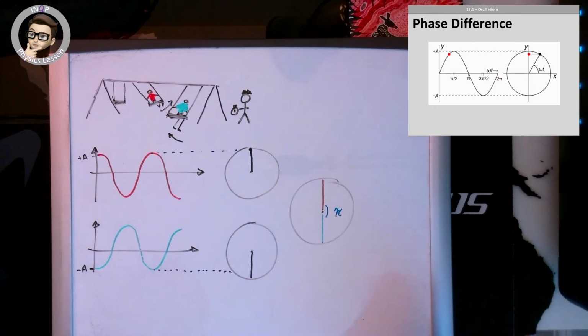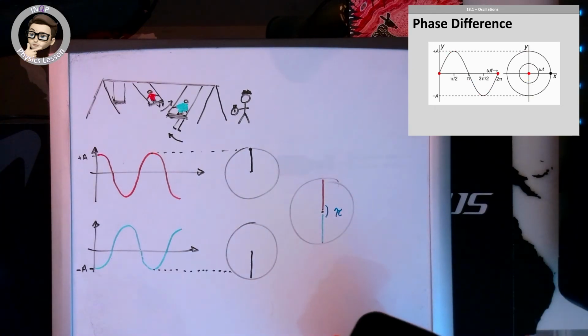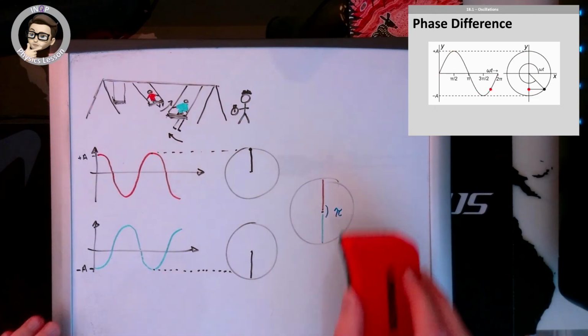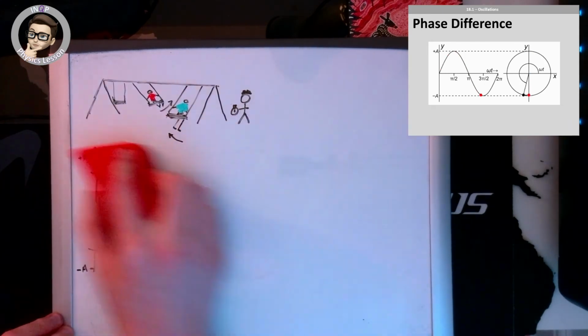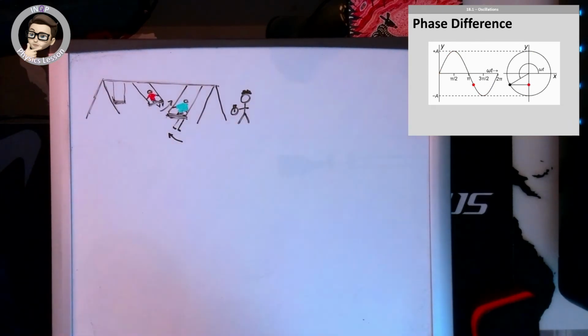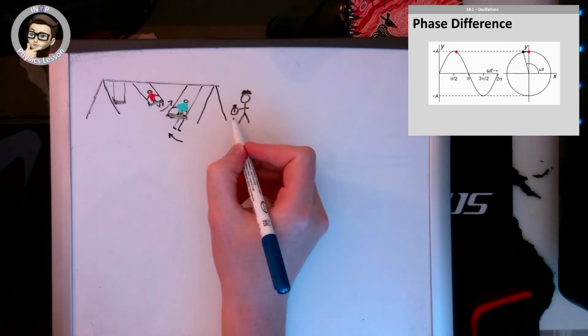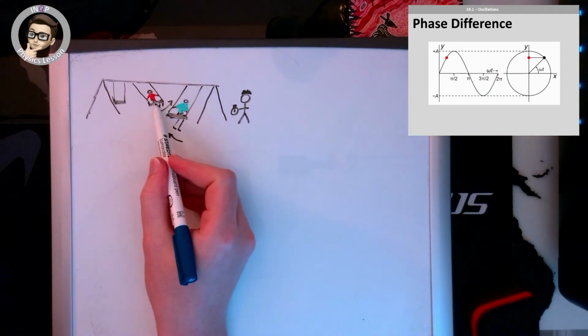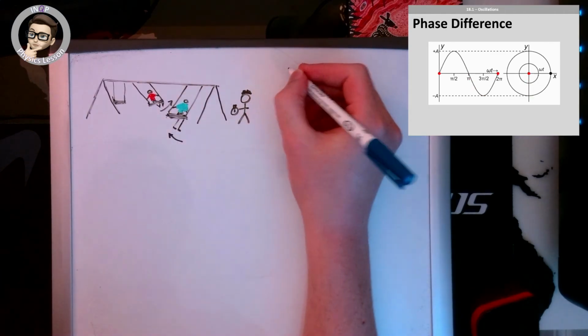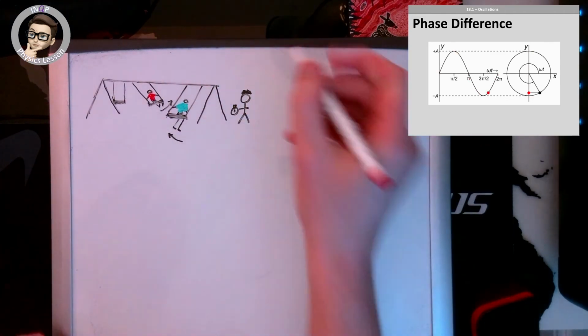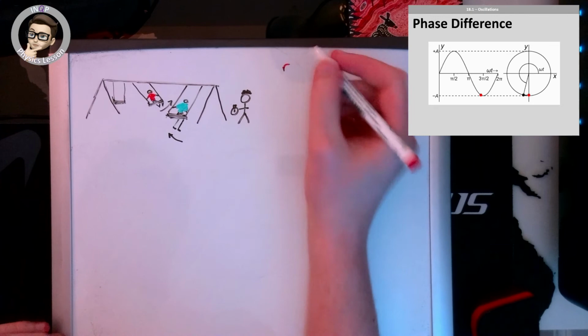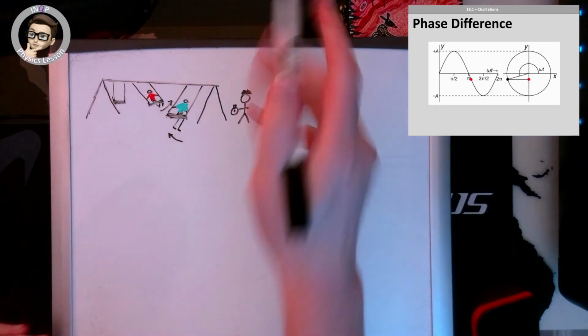Now, let's do this with some numbers, because we can actually make ourselves an equation to understand this. So we'll just get rid of the phasor diagrams. If this person is timing the red person, so man in the red, and it's going to be the time period of the man in the red.